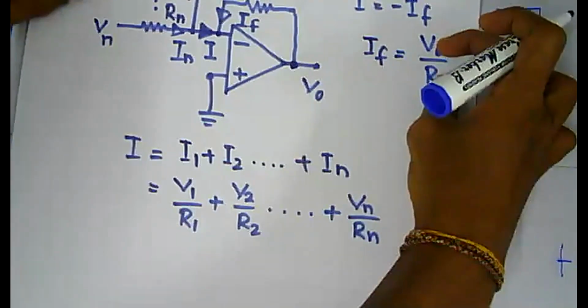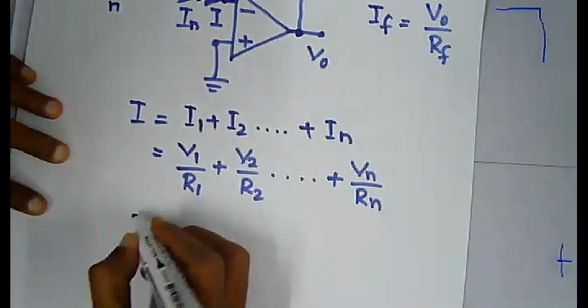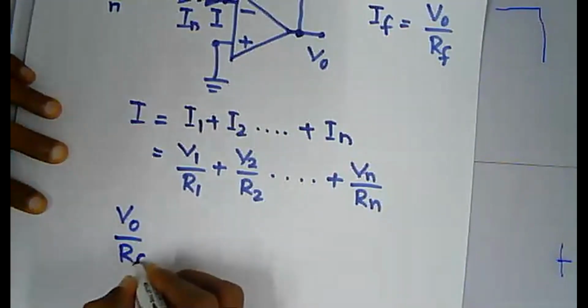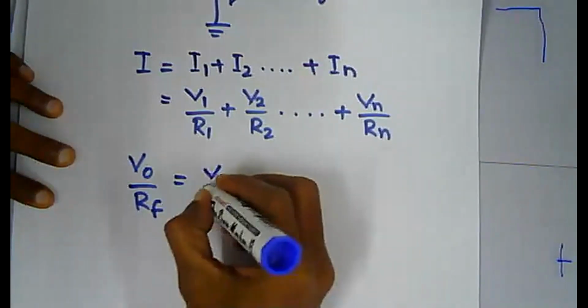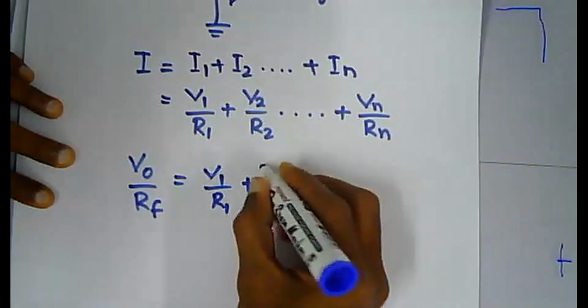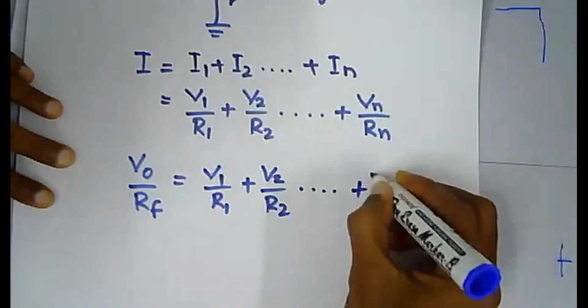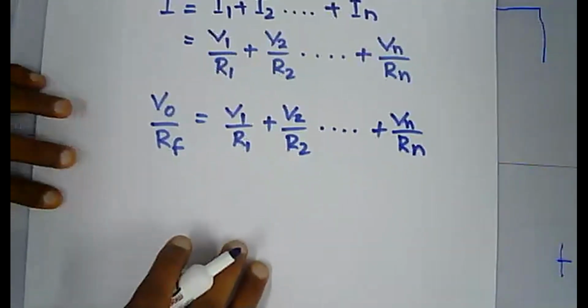Then substitute these in the first equation. So you can write V out over Rf equals V1 over R1 plus V2 over R2 up to Vn over Rn.